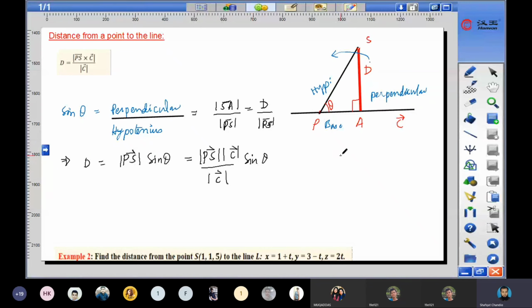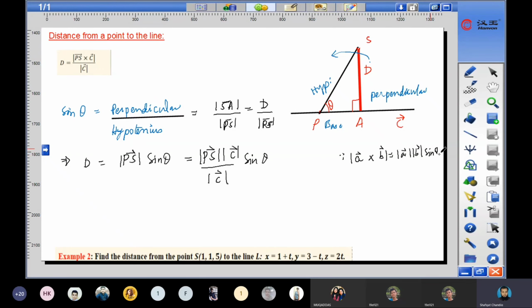So here we apply one of the formulas, that vector A cross B is equal to magnitude of the vector A into magnitude of the vector B into sine theta.